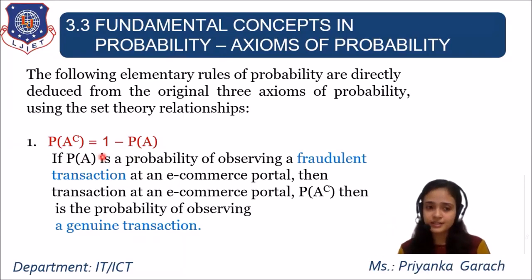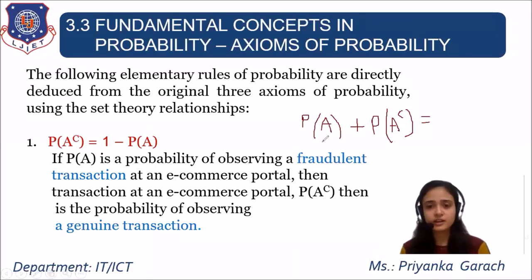Suppose A represents the fraudulent transaction. It means P of A is the probability of observing a fraudulent transaction at an e-commerce portal. Then if I want to find the probability of a genuine transaction, you have to do 1 minus the probability of A.